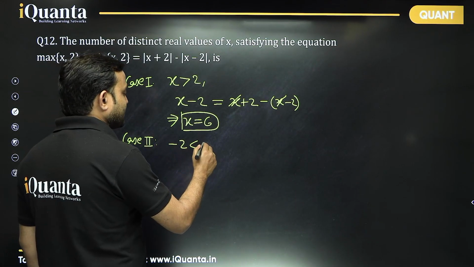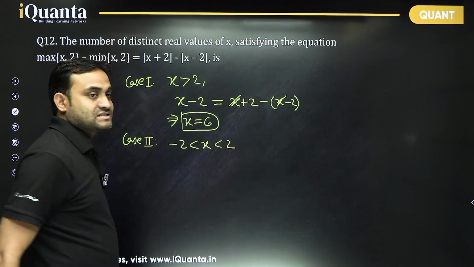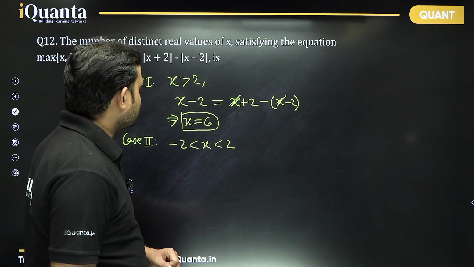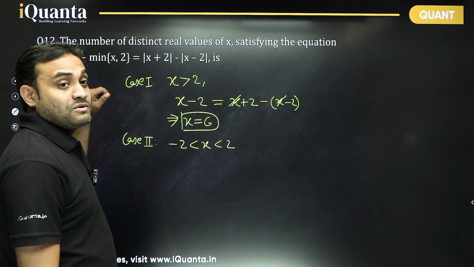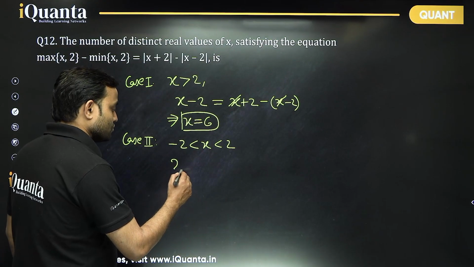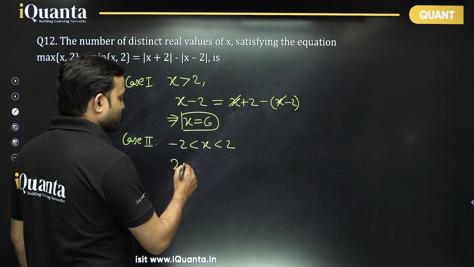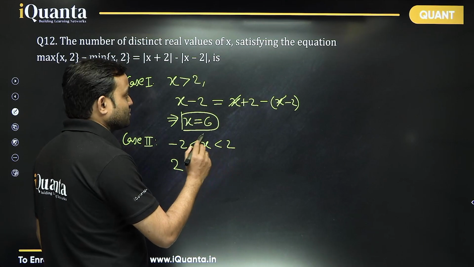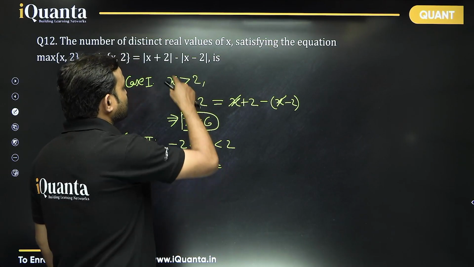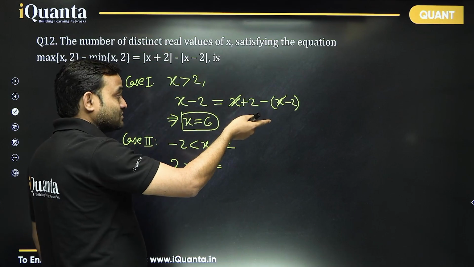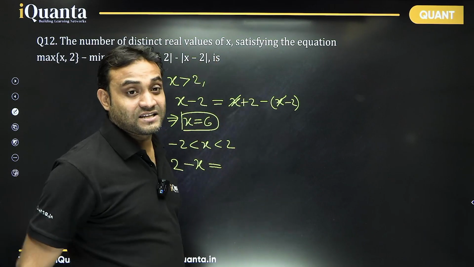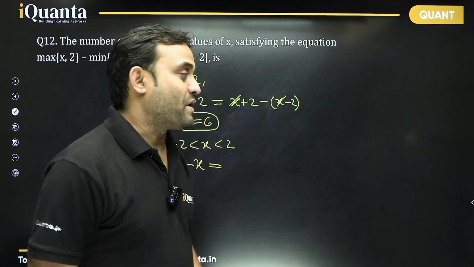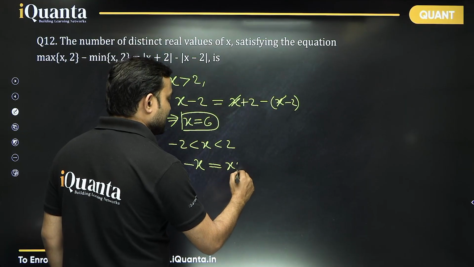When x is greater than −2 but less than 2, what will happen in that situation? The maximum of x and 2 now will become 2, because x is less than 2, minus the minimum of x and 2, which will be x. The expression x plus 2 will still be positive, because x should be greater than −2, so this will be as it is.